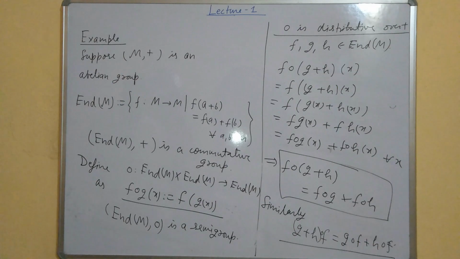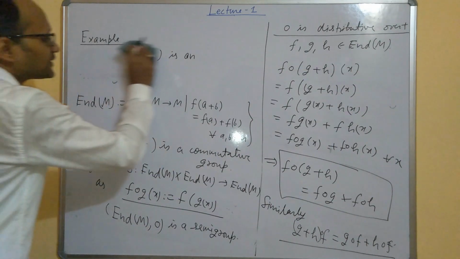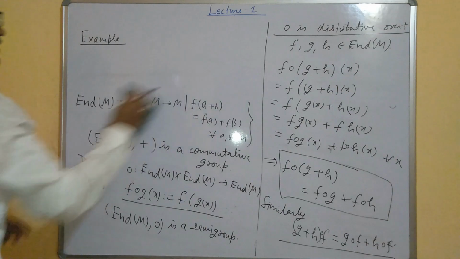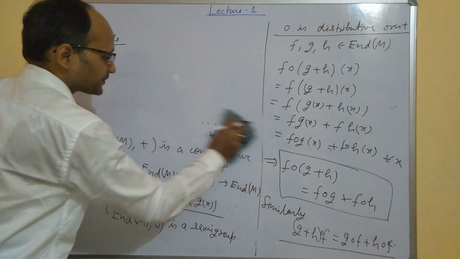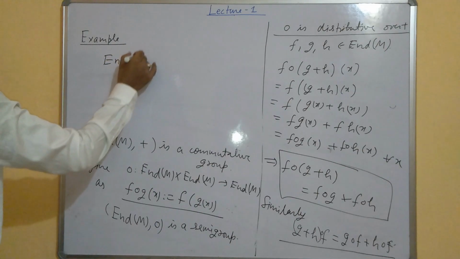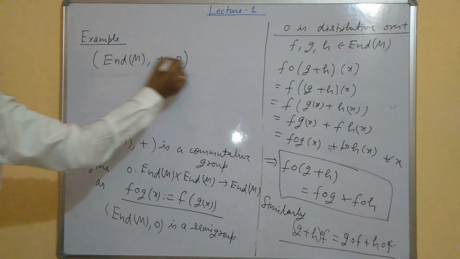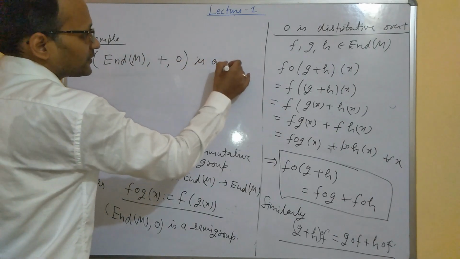So what we have shown is that End M with respect to plus and this operation is a ring. So our conclusion is that End M with respect to addition and composition is a ring.